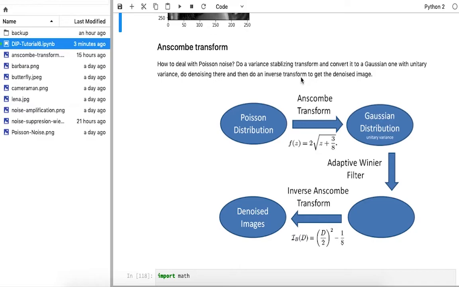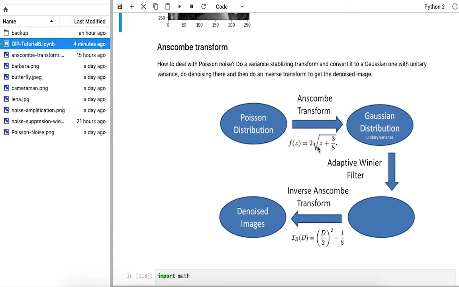You can convert any random variable to any random variable using some transform. So you take a Poisson distributed image and apply an Anscombe transform on it, so it becomes quasi Gaussian. Not exactly Gaussian, but more or less. Then you apply your best denoising method on this transform domain, and then you do the inverse Anscombe transform.